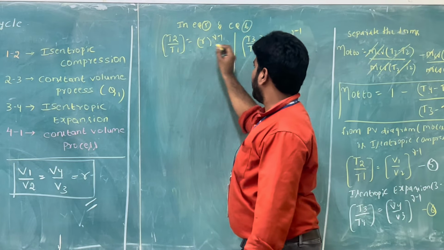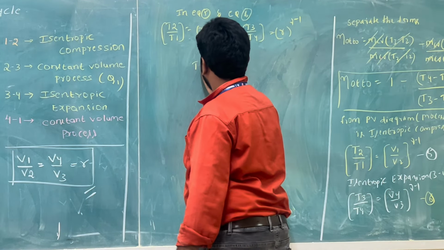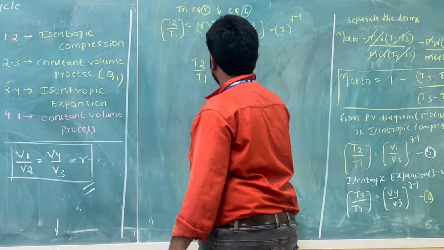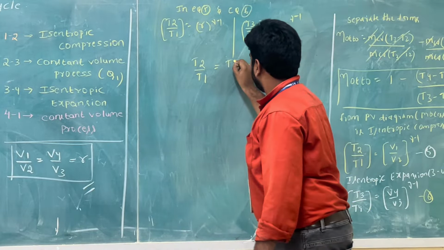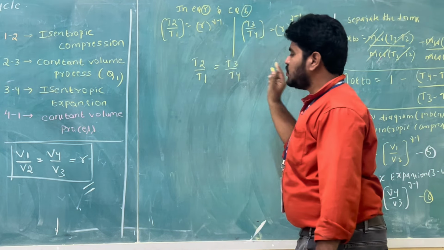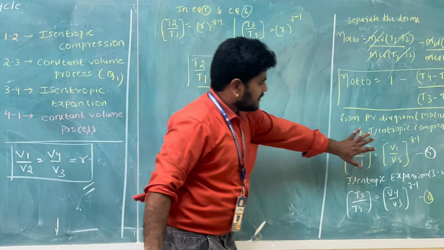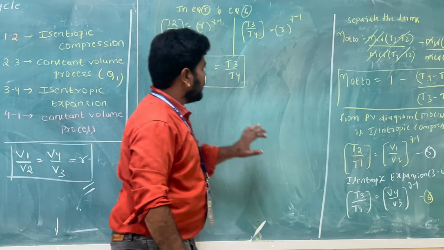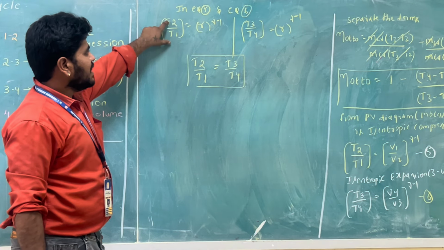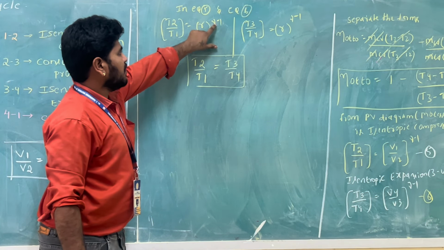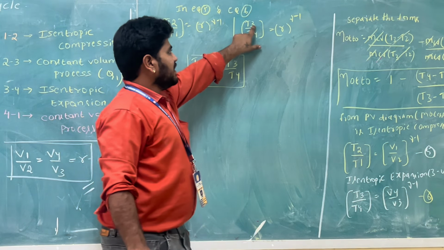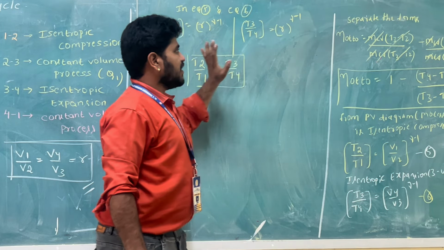Now I equate the two equations, so I can write T2 by T1 equals T3 by T4. So this is one equation. As I told, take V1 by V2 as r and V4 by V3 equals r. So T2 by T1 equals r to the power of gamma minus 1. Similarly, T3 by T4 equals r to the power of gamma minus 1.